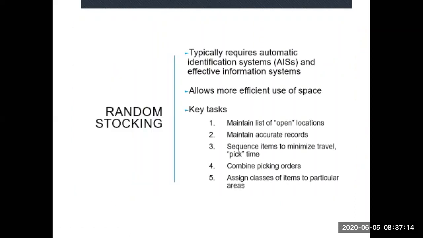Another system in the warehouse is sometimes random stocking. They need an automatic identification system. Random stocking is where they store their items randomly. They don't have a system where they group the items and keep them in one space, one area.